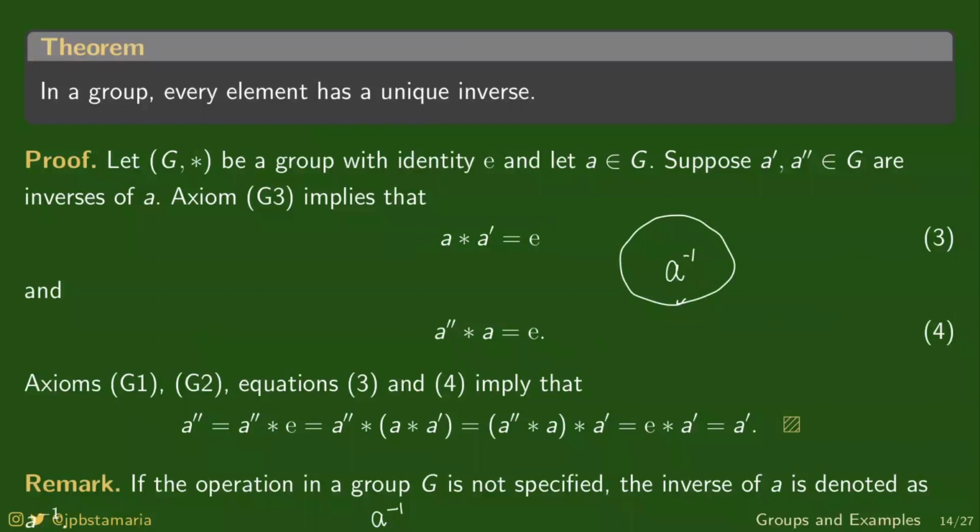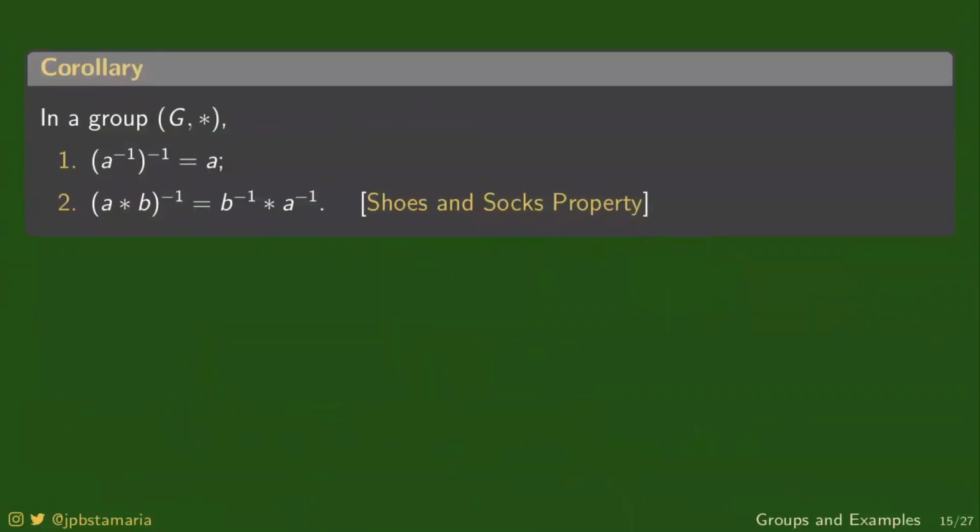Kasi nga, for every A, unique yung inverse niya. So yung inverse ni A, como unique siya for A, nag-iisa lang siya para kay A, ginagamit natin yung pangalan ni A, no? Yung namesake of A, for it, no? Yung inverse ni A will be denoted by A to the -1. Okay?